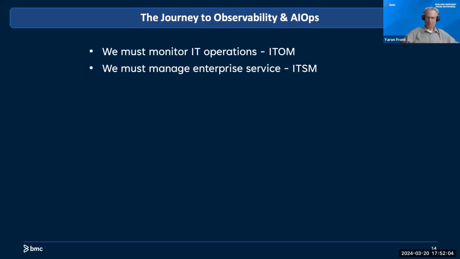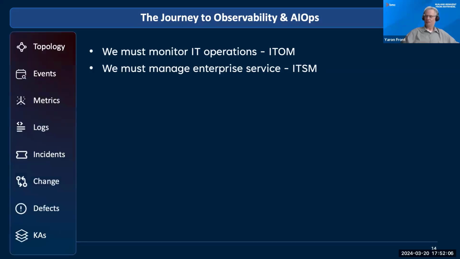So we have different sources of information here. We start with topology, events, metrics, and logs. All of these have to do with monitoring IT. And then you have incidents, change management, defects, knowledge articles, and that's about the service side. So the first thing is, okay, we need to monitor all of this and we need to manage all of this.